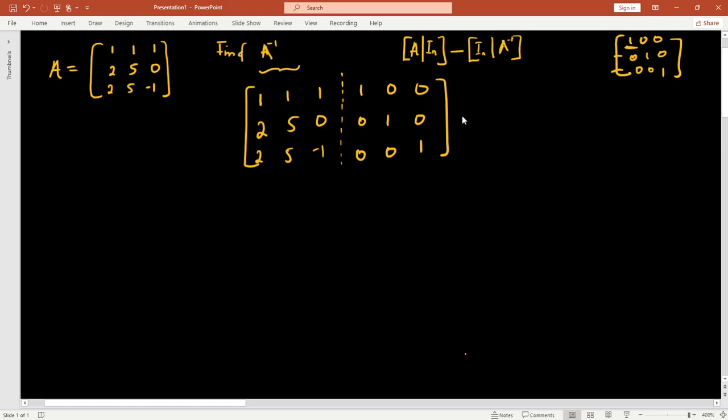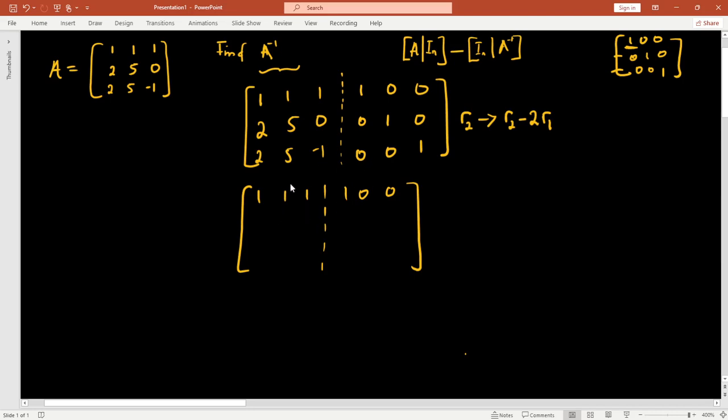So what do we do here? We're going to say that row 2 will go to row 2 minus 2 row 1, meaning that here we have 1, 1, 1, 1, 0, 0. So we write the first row the way it is because we're not doing anything with it.